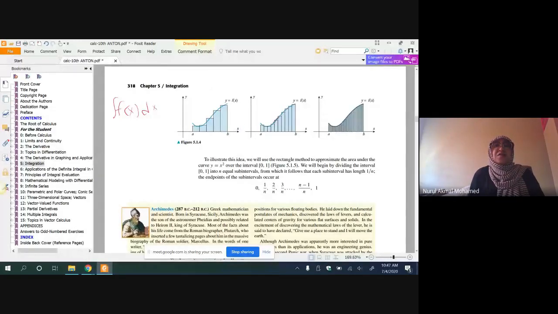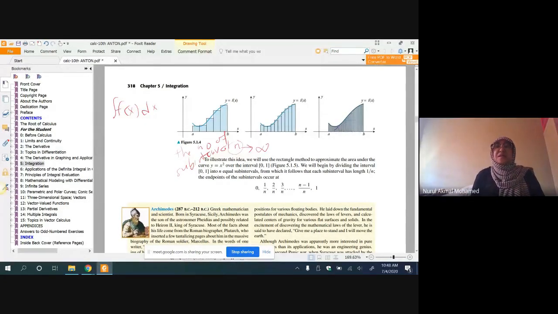It means that in order to get the best approximation for the area under the curve, we have to make sure that the number of sub-intervals n is approaching infinity. These sub-intervals, in this case, are rectangles. If you take n approaching infinity, it will be very close to the actual area under the curve.